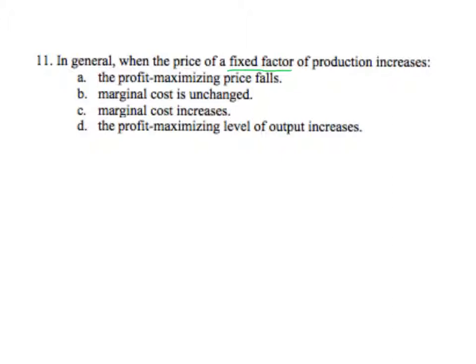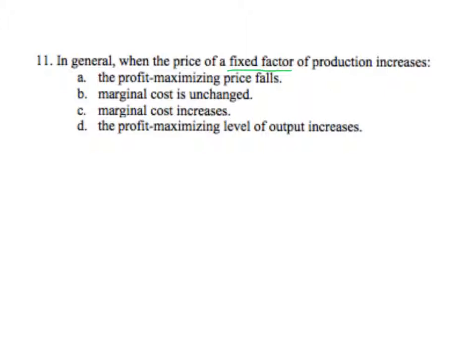Well, I'm going to need people to work the machines that are making the form of the slingshot, and I'm going to need to use some aluminum, and depending on what else is in there, some elastic, whatever. Those are the factors that I have to use up to make 1 more unit of output. Those are variable. I use less if I'm producing less, more if I'm producing more.